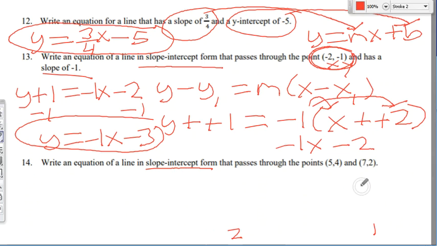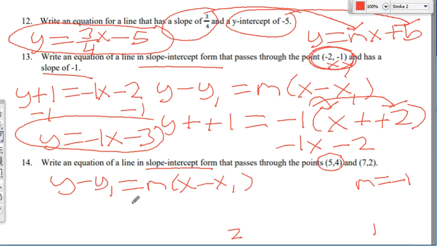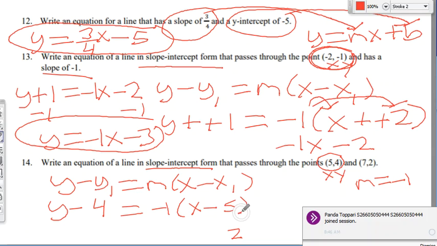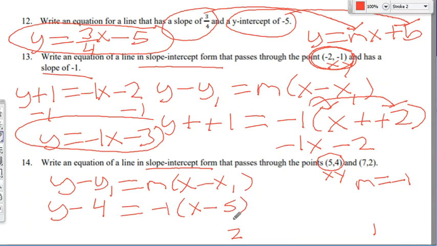So once we know that our slope is -1, now we're going to pick one of these points and we're going to write an equation using point slope. So here is the x, here is the y. Y minus the y from our point, which is 4, is equal to m, which is -1, times x minus the x from the point, which is 5.